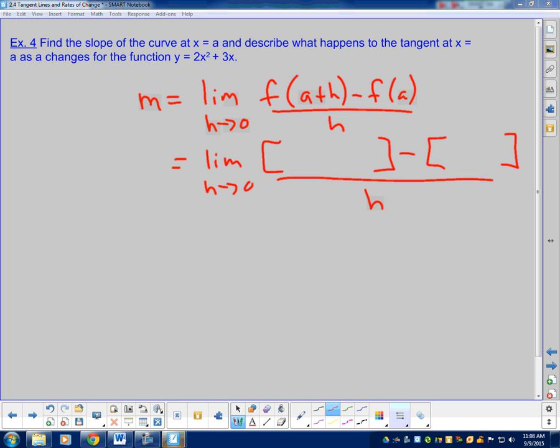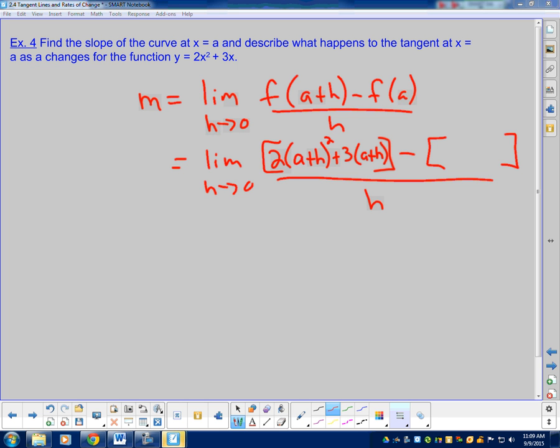So first of all, what is f of a plus h going to be for this function? 2, yeah, a plus h squared plus 3 times a plus h. I'm replacing x in both places with a plus h.